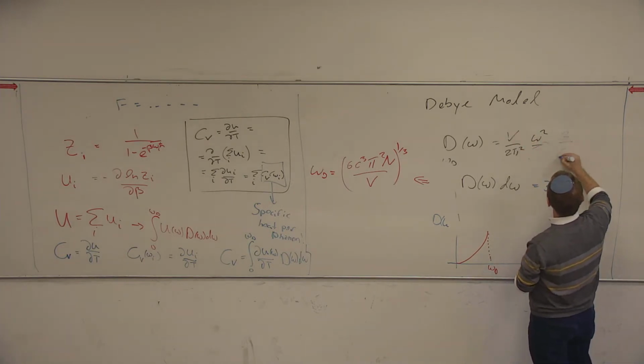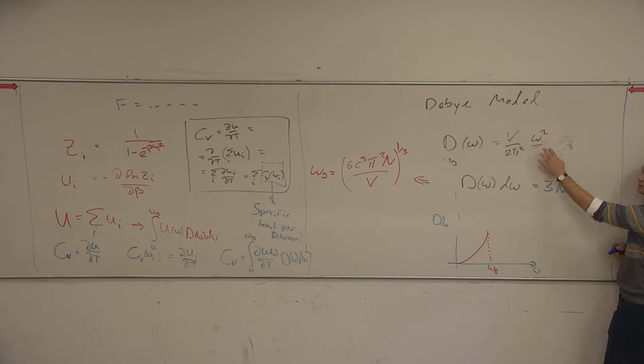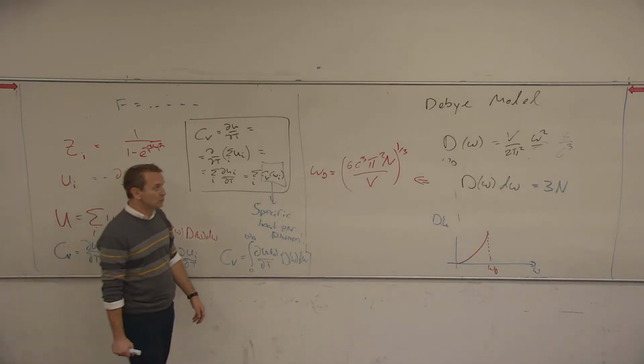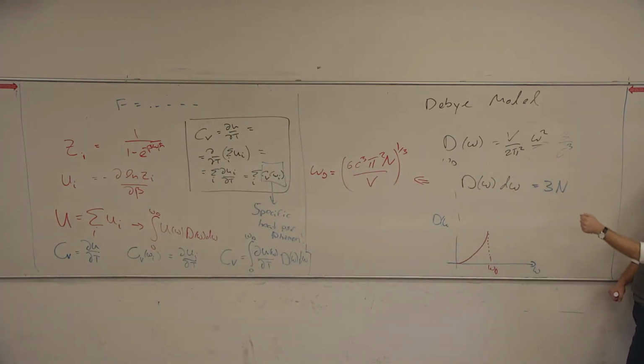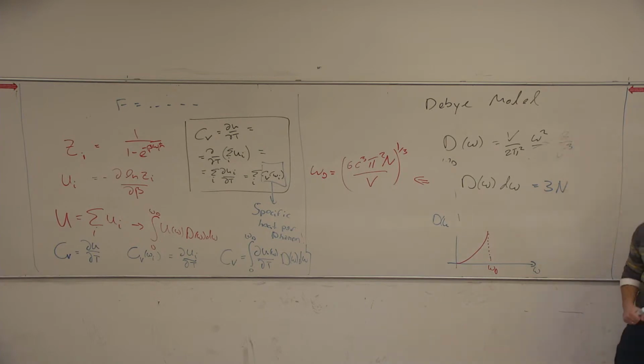Here we have 3 divided by c to the third. For different solids, it can be a little bit different, but only this prefactor over here. I can describe the velocity of the waves inside the solid by using different velocities in the longitudinal and transversal directions. But basically, this is a prefactor with units of 1 over velocity to the third. It's always the same units, but the exact value can change from solid to solid.